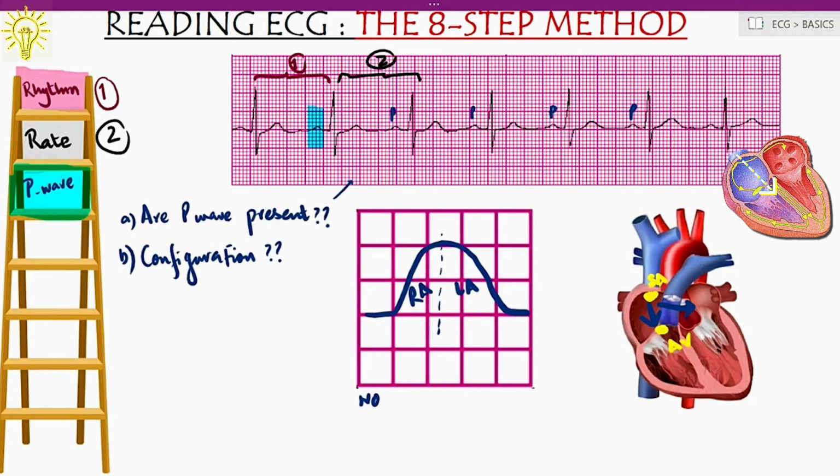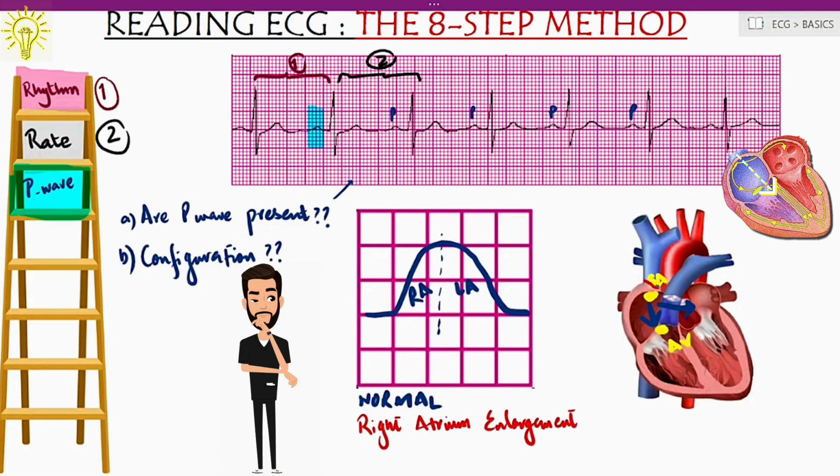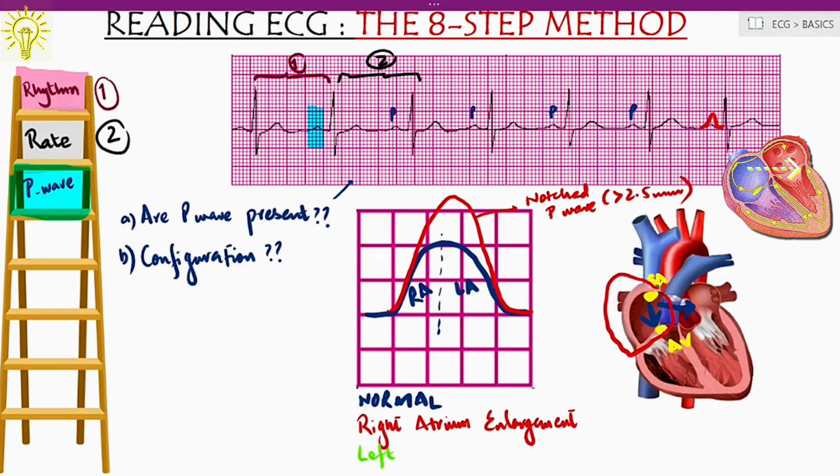This P wave is within 2.5 millimeters height as normal. In right atrial enlargement, there will be a notched P wave with height greater than 2.5 mm. In isolated left atrial enlargement like mitral stenosis, a greater area has to be covered by the depolarizing wave in the left atrium, so longer time is taken. This will produce a bifid P wave.